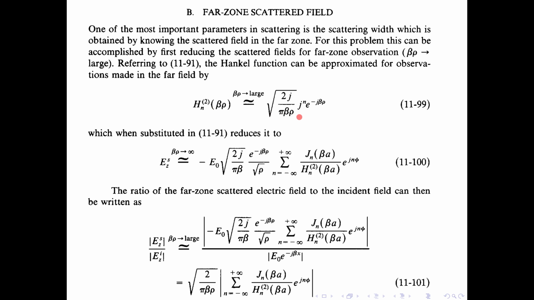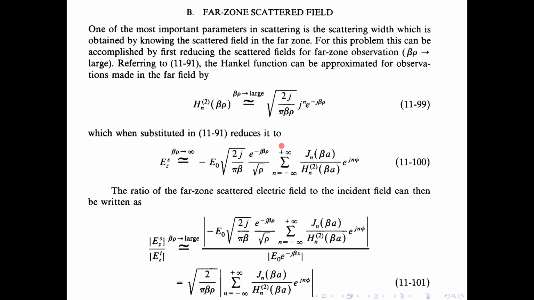Observe the attenuation with 1 over the square root of rho, and this is the attenuation that you expect for the electric field of a cylindrical source, infinite cylindrical source, and also the exponential phase. This is in fact a cylindrical wave in the far field.